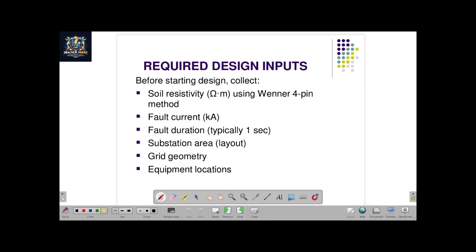Then what are the desired design inputs? What is your soil resistivity? Soil resistivity can be found out by using the Wenner 4-pin method. It will be fault current in kiloampere.